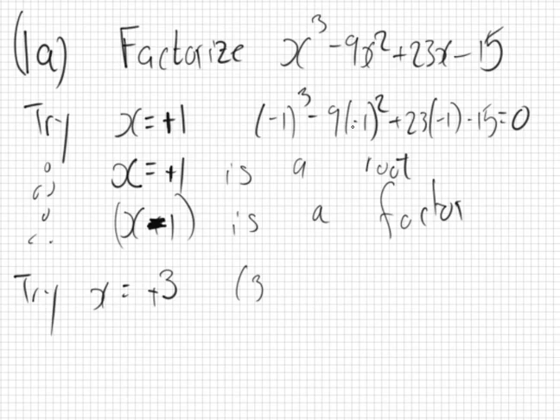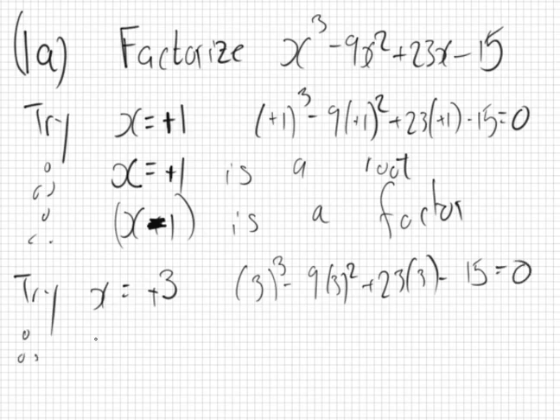Oh yeah, these are all positive ones now. 3 cubed minus 9 times 3 squared plus 23 times 3 minus 15 equals 0. Therefore, x equal to 3 is a root. Therefore, x minus 3 is a factor.